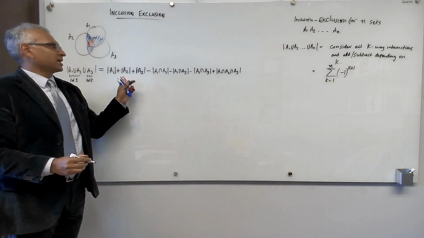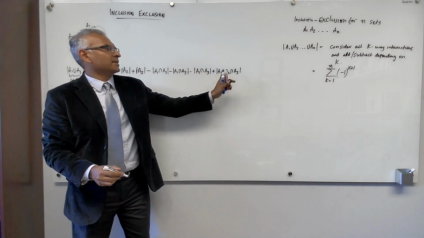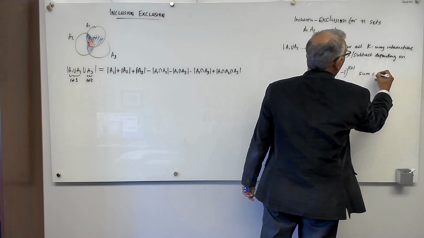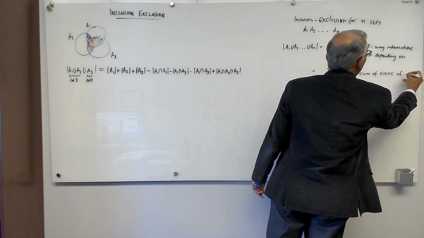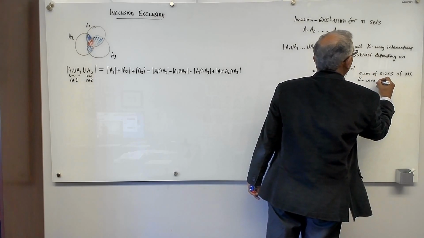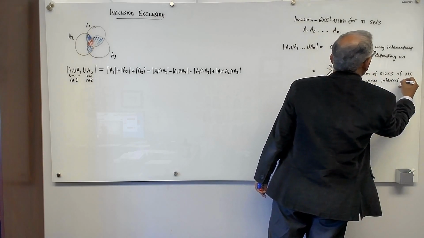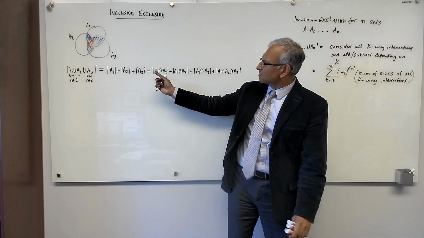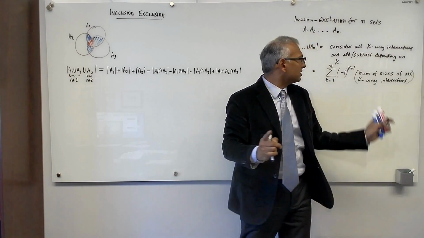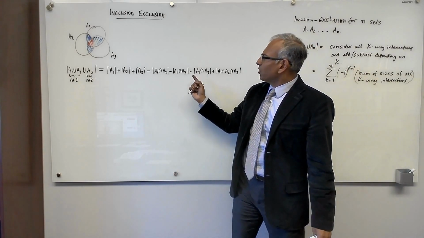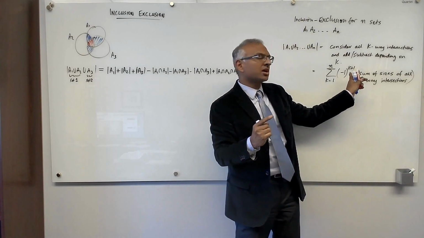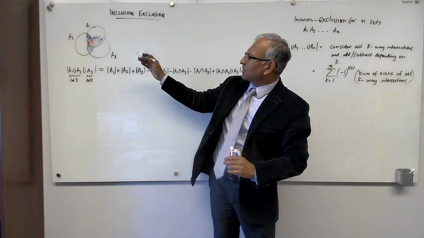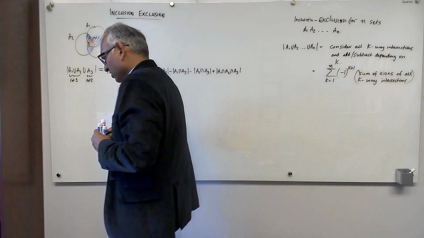So the one way you add, the two way you subtract, the three way you add, and so on, of the sum of sizes of all k-way intersections. So you get the sizes of all the two-way intersections, and then you add or subtract depending on the sign of -1 to the k plus 1. Okay, so this is the general formula, but we'll work with the three sets for the moment.